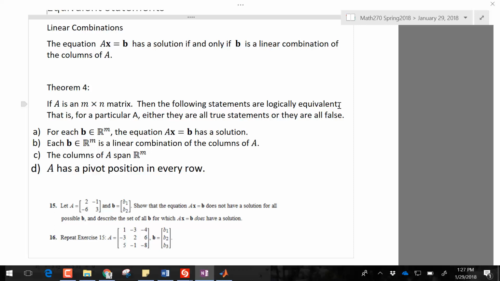The equation has a solution if and only if b is a linear combination of the columns of A. So that's a way we can make our connection with linear combinations now.